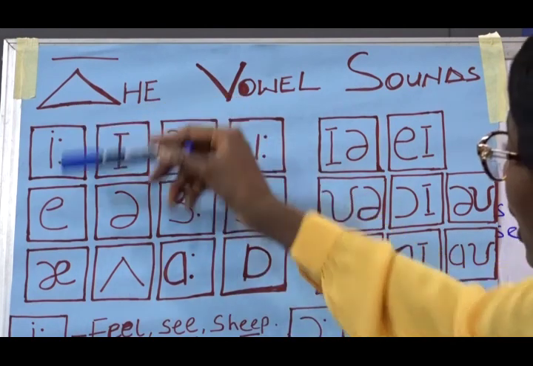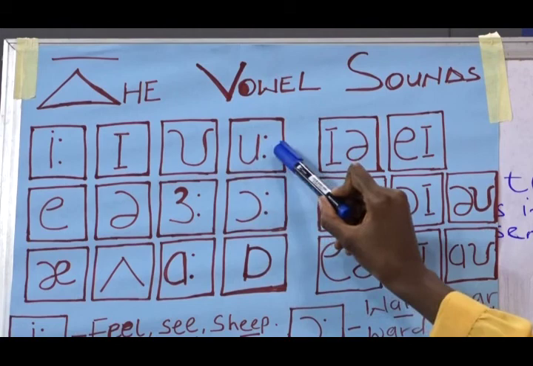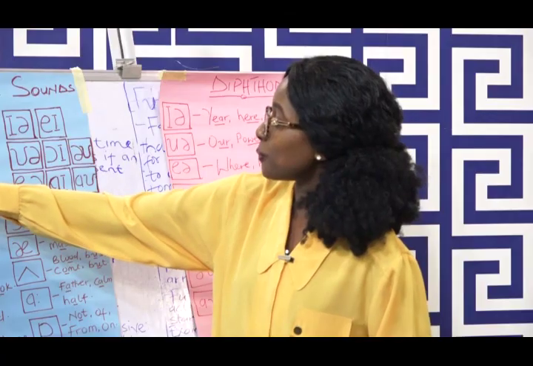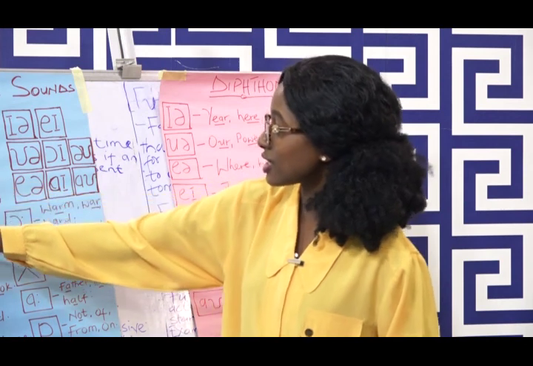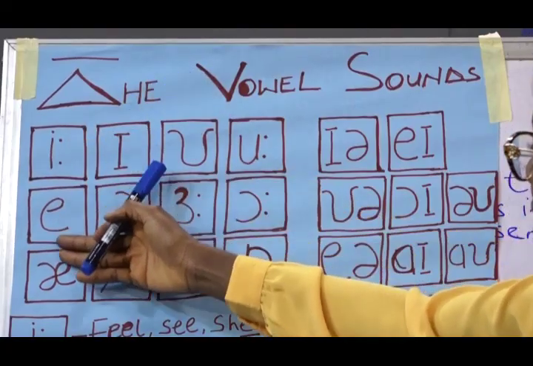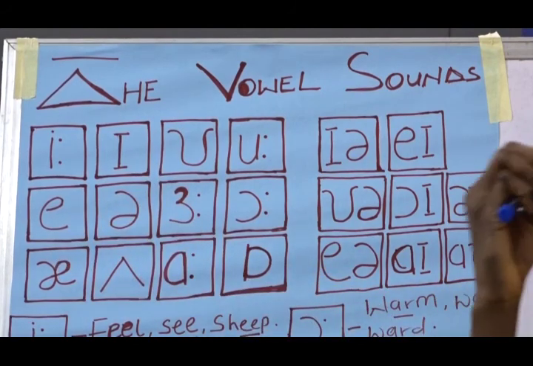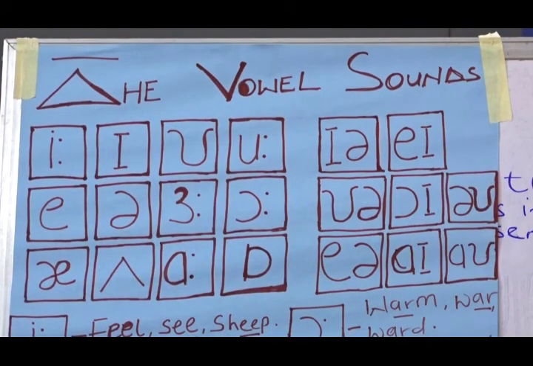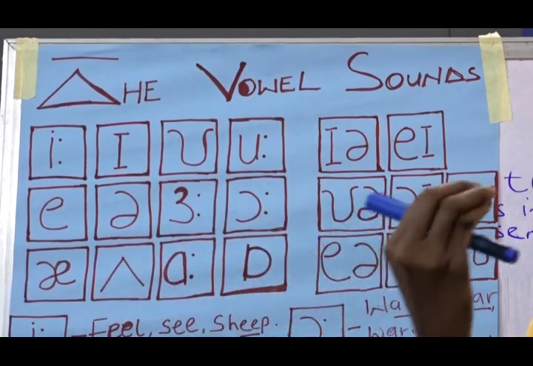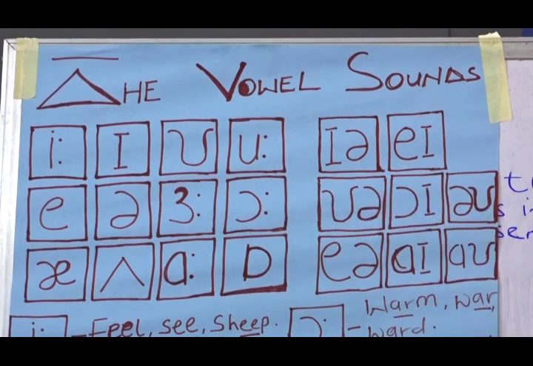Now, we've checked the rows, and then let's look at the columns. These sounds here, when you produce them, your tongue is closer to your teeth. E. This sound here, your tongue moves farther down.